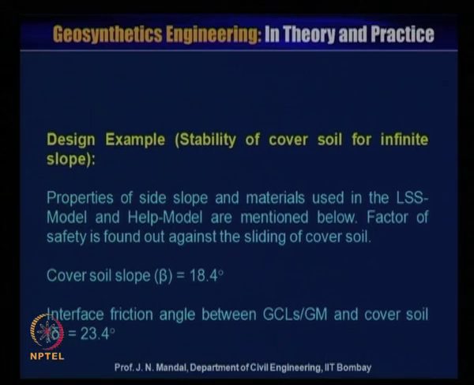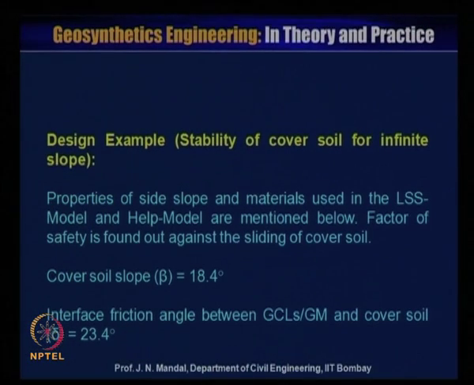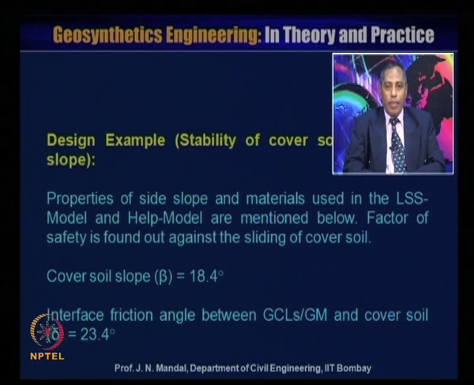Now, I will give one design example of stability of cover soil for an infinite slope. The properties of the side slope and the material used in the LSS model, that is the landfill slope stability model, and the HELP model are mentioned below.